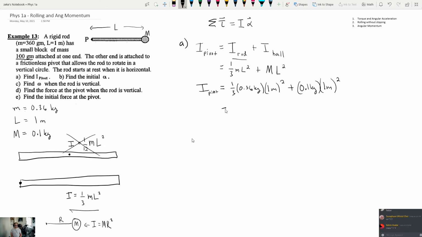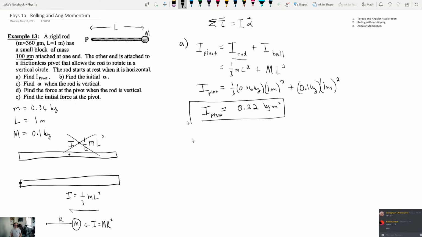So it looks like we're going to get, is that right? 0.22 kilogram meter squared. Okay.